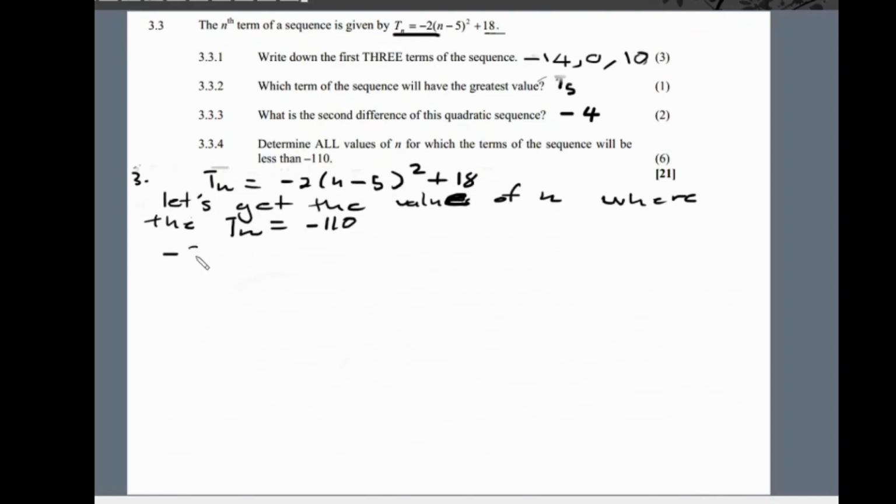So we will say 2 minus 2n minus 5 squared plus 18 equals negative 110, right? Now we solve for n. Dividing throughout by minus 2, n minus 5 squared minus 9 equals positive 55.